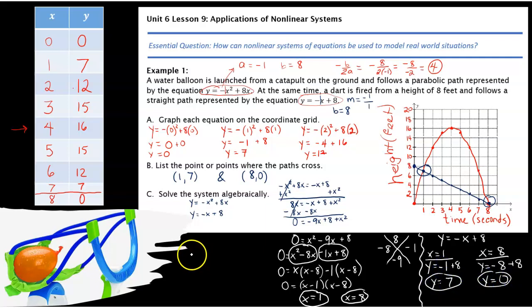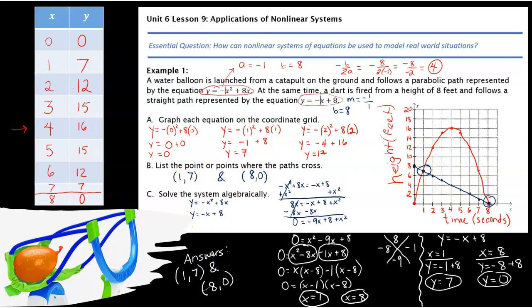So when you plug in 1, you get out a 7. And when you plug in 8, you get out a 0. Which again matches the answers that we got when we graphed.